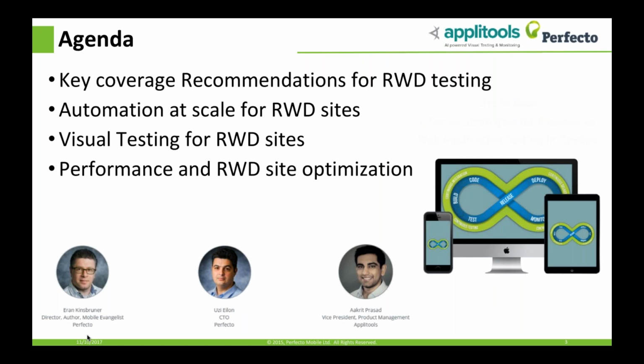Perfect. So for those of you online who have attended previous webinars on responsive web, we are going to take in this webinar an advanced approach to responsive web and build on top of previous sessions that we have done. We are going to talk about coverage recommendations for responsive web. We are going to talk about automation at scale and why it's important, or what are the challenges around responsive web at scale.